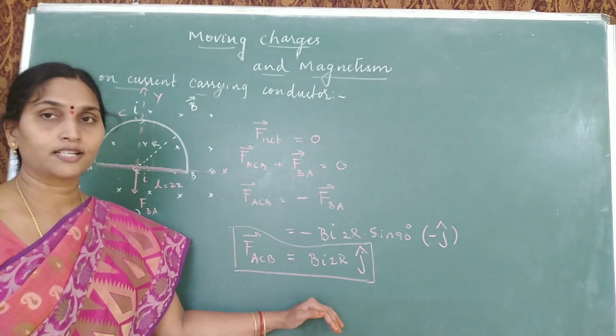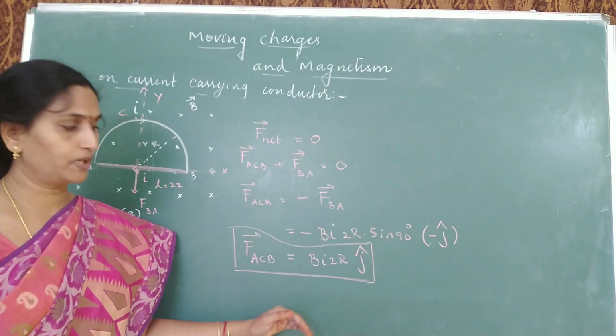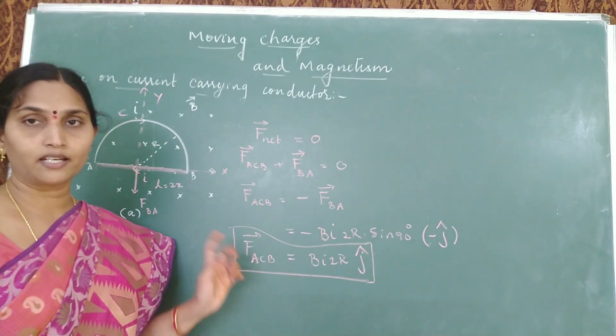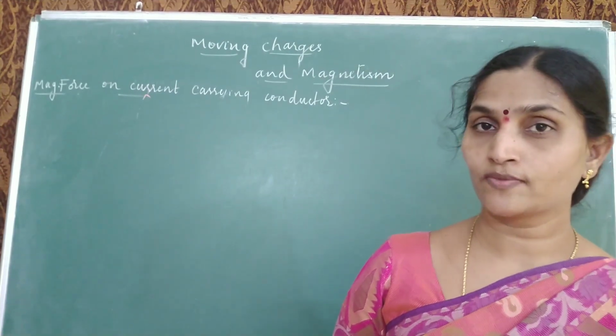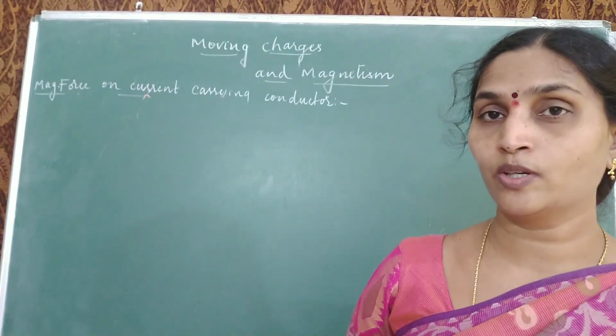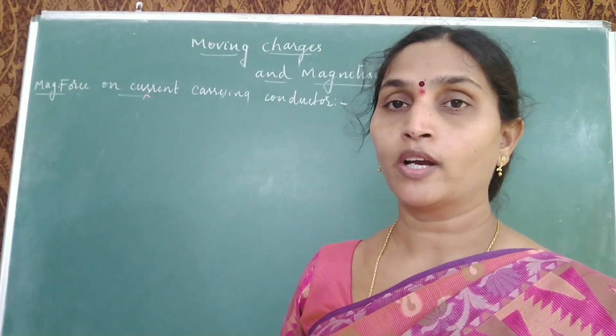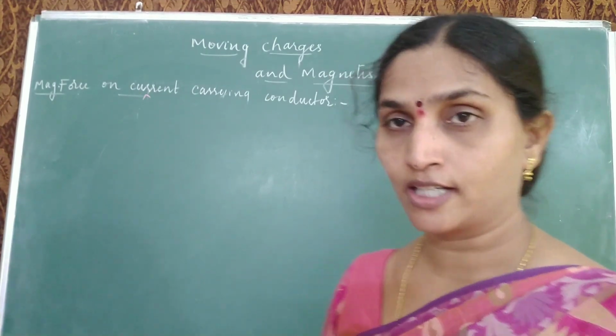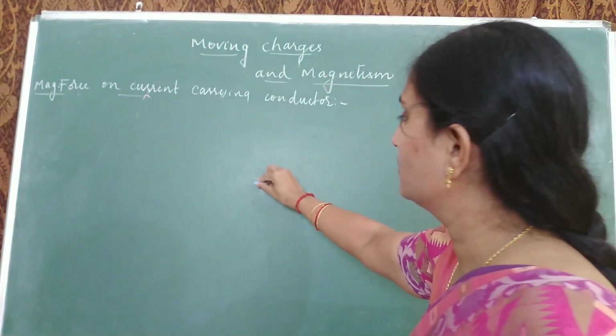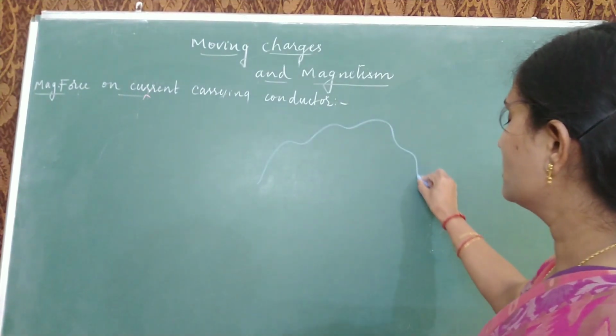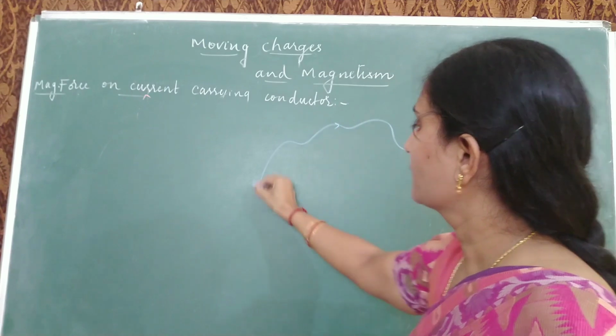This logic helps you in solving so many questions related to magnetism. Now, making use of the previous question, whenever you get questions on force acting on a current carrying conductor, whatever be the shape and size of the conductor, say for example I am giving some irregular current carrying wire.